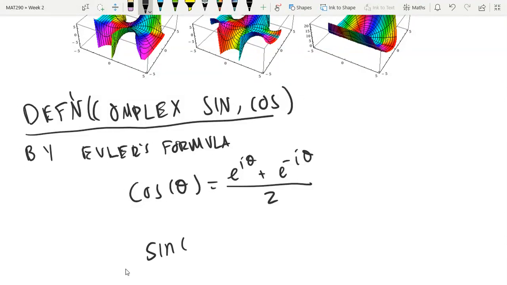And sine theta, you put a minus, and you divide by i.